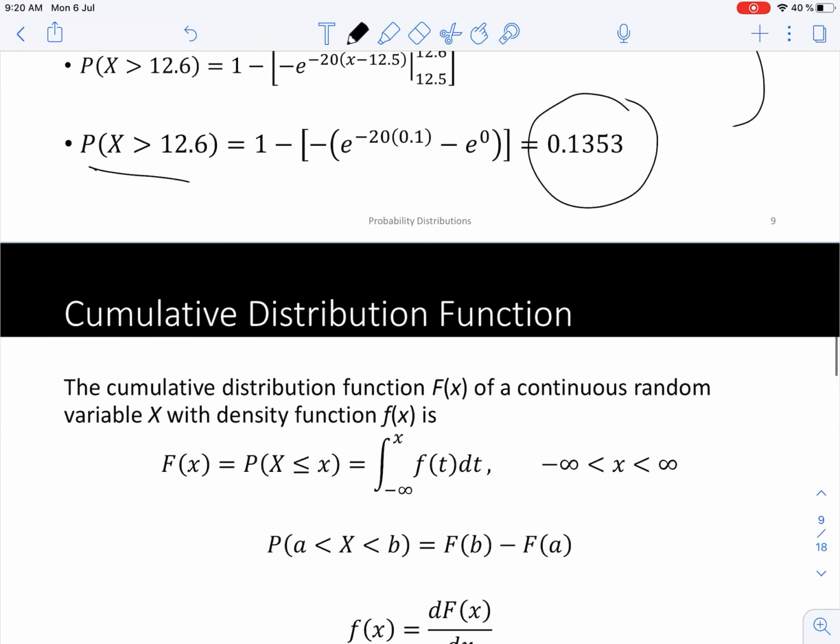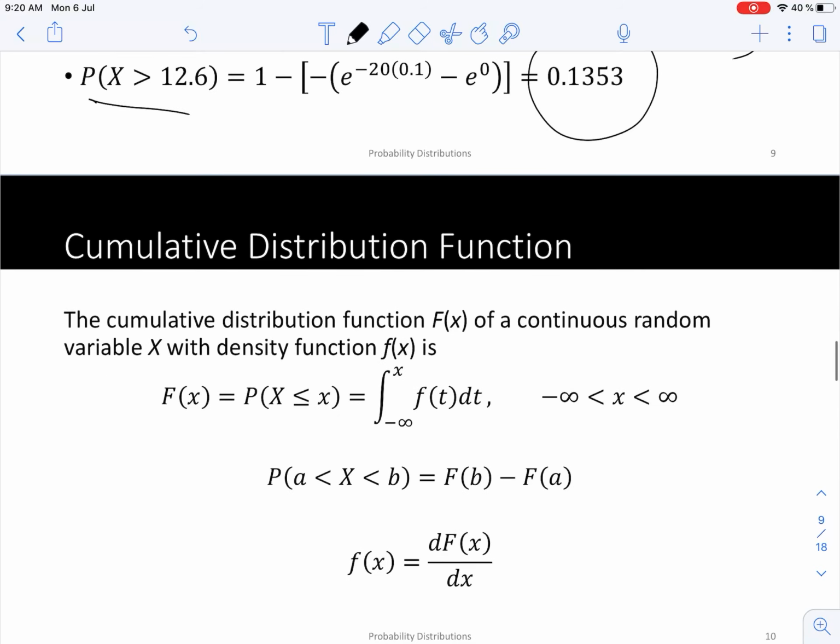Okay, so remember that we have two functions, right? The PDF, the probability density function, and in addition, we can get the cumulative distribution function, as in the discrete case. So in the discrete case, to get the CDF, we use the sum of the random variable up to a specific value, right? So this expression is the same: the probability that x is less or equal than a specific value.